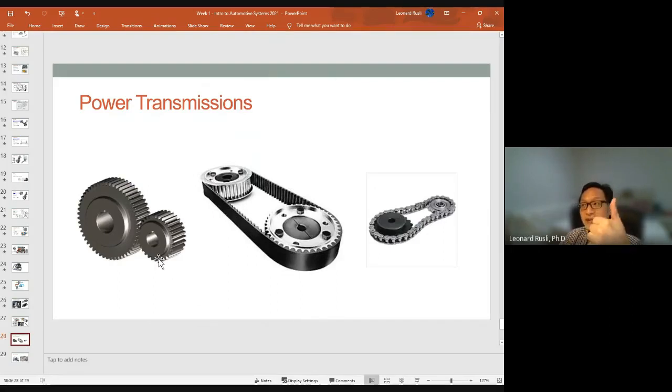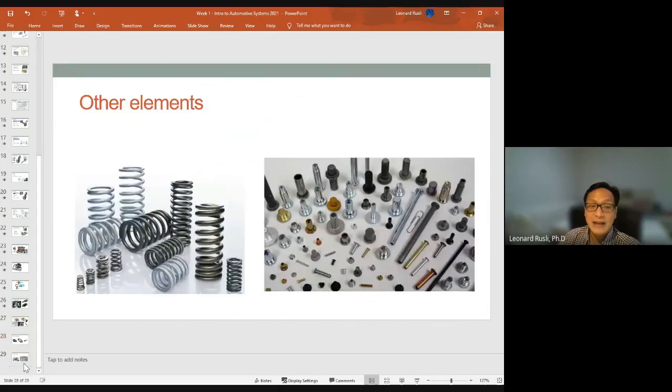There are gears, there's a belt, and there's a chain. What are the advantages and disadvantages of each? And then we'll talk about other components like springs, bolts and nuts, and brakes, right? So it's really the surrounding components of a machine, if you think about it.